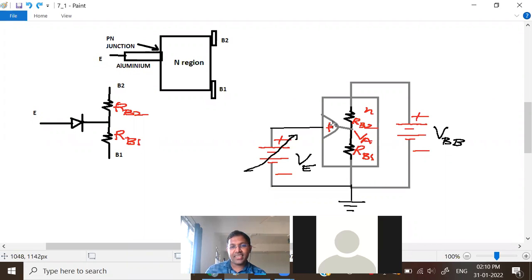The PN junction is connected to the junction of the two resistances, hence we have this structure.